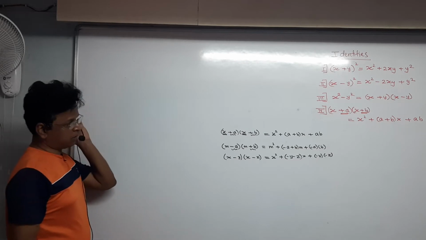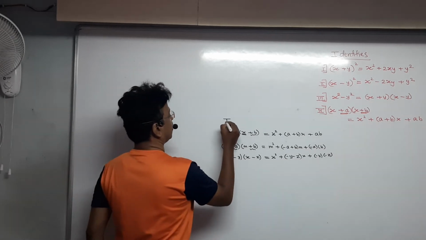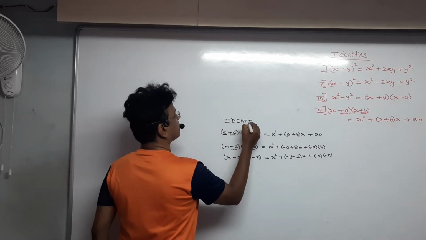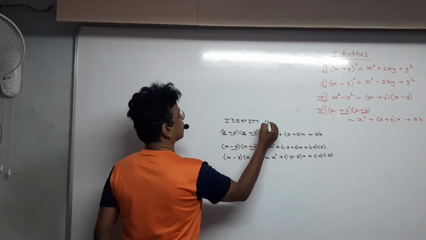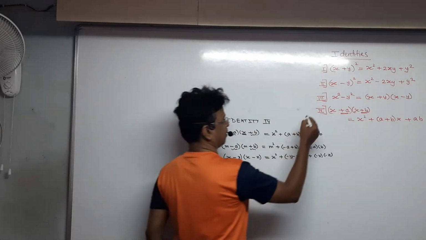Understood this? This is how you will be writing, and this is identity 4. Using this you have to find some multiplications. The main identity is this only.